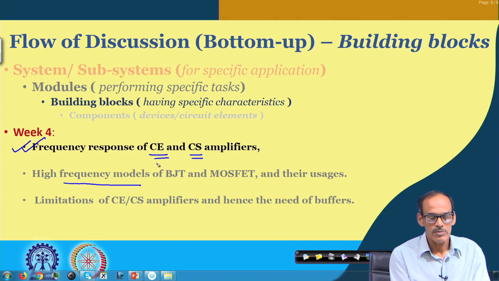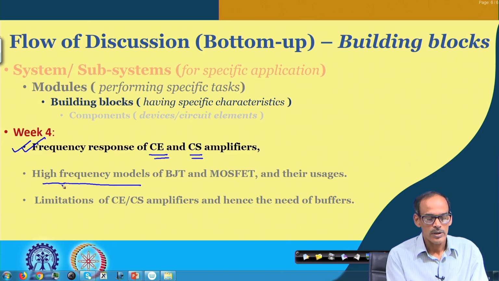So, today primarily we will be ignoring the high frequency model of the BJT and MOSFET, and whatever frequency response we will be seeing is due to the coupling capacitor and the bias circuits and so on.